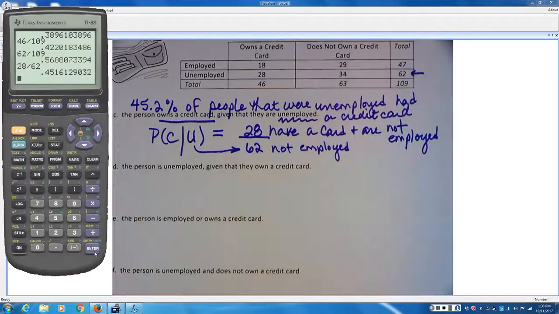So the meaning of that is that 45.2% of the people that were unemployed had a credit card.